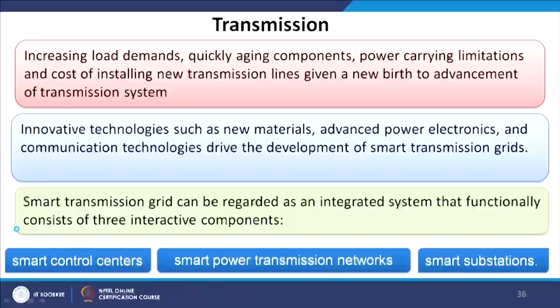So, upgradation of the existing transmission system by establishing smart control centers, smart power transmission networks as well as smart substations can make my transmission system reasonably smart.